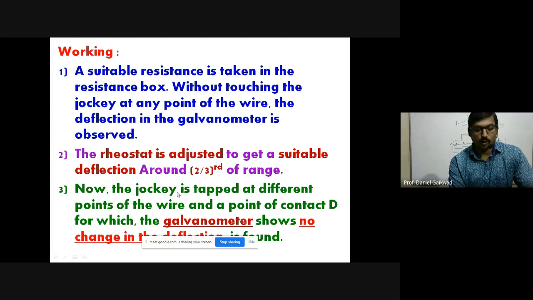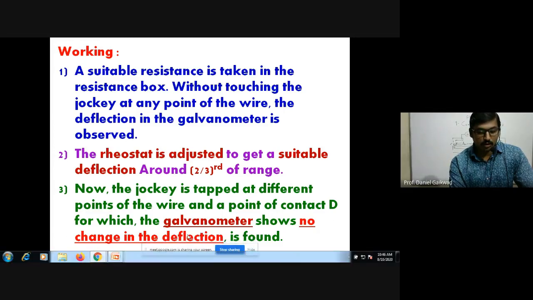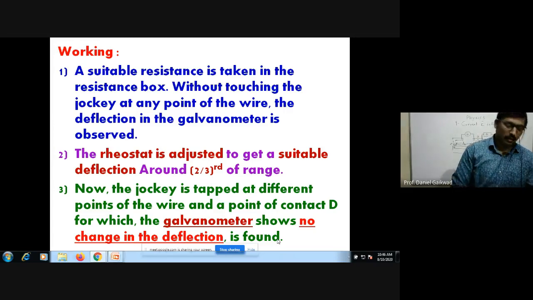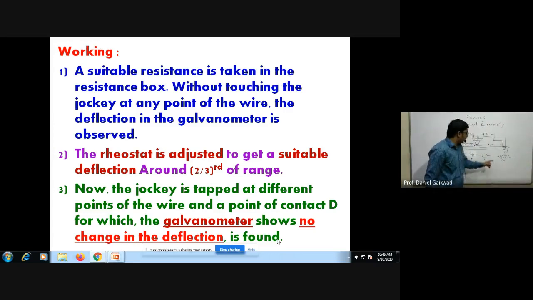Now the jockey is tapped at different points of the wire, and the point of contact D, for which the galvanometer shows no change in deflection, is found. Check the diagram here: B to D is the jockey point.